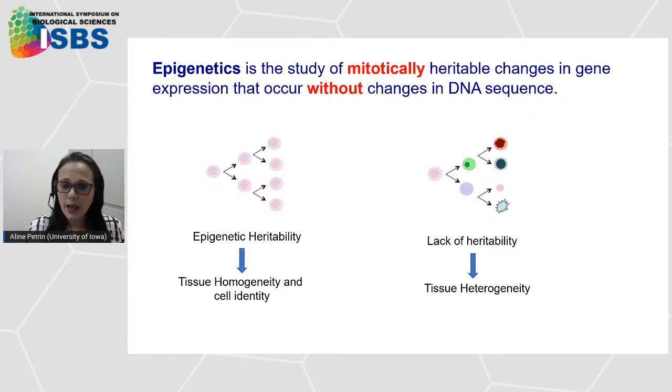It tells the daughter cell what it has to be. So one kind of cell will generate the same type of cell, making sure that the tissues are homogeneous and that they have a cell identity, which is lacking in cancer. That's when we see tissue heterogeneity in tumors, with different cell types in the same place, which is very common in tumors.